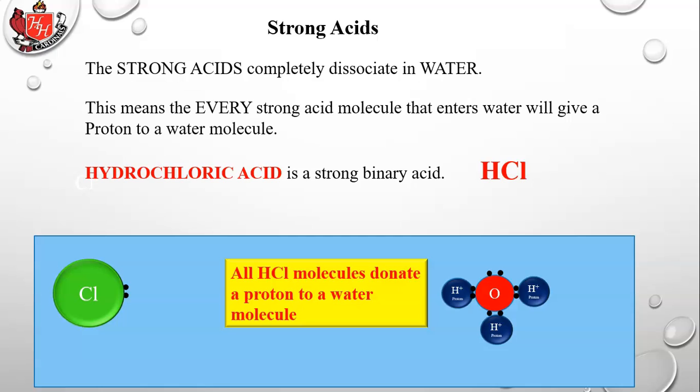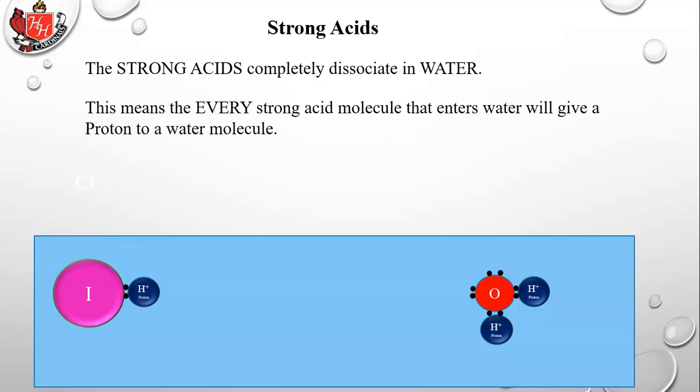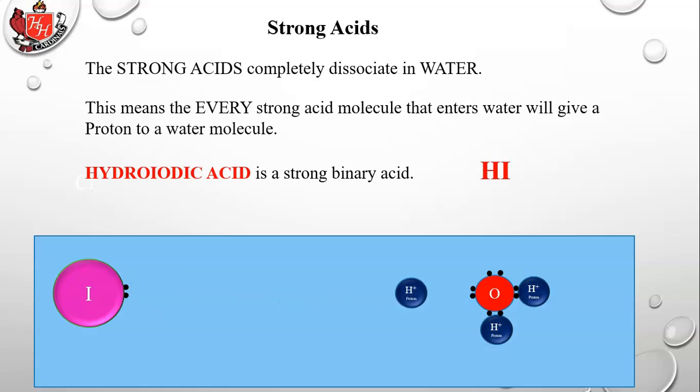We're going to repeat this for all the strong acids to reinforce the concept of which ones are the strong acids. Here is hydroiodic acid, HI, a strong binary acid. The proton goes over, and the hydrogen leaves its electron behind.